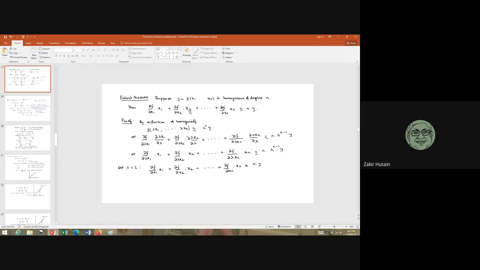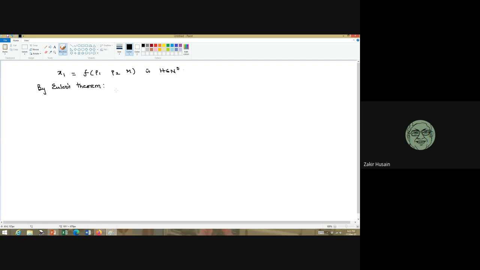What is x2? P2. And what is n? m. And the degree is 0. So by Euler's theorem, we have del f by del p1 into p1, plus del f by del p2 into p2, plus del f by del m into m. This is equal to 0.